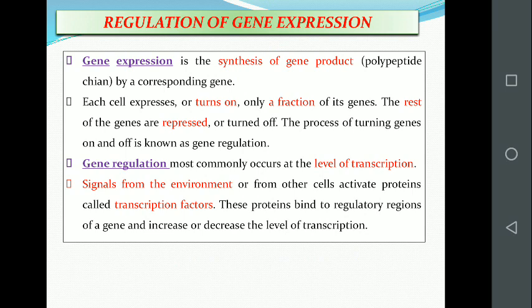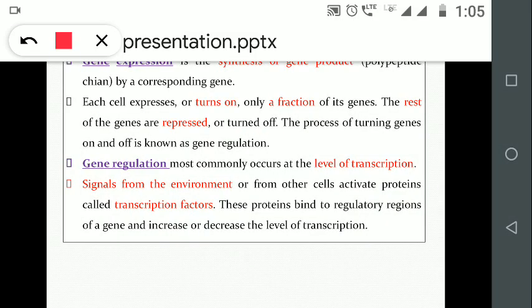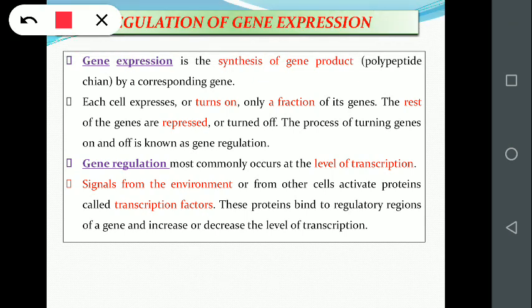If we take, for example, a human being, each and every cell of a human being contains around 50,000 genes.